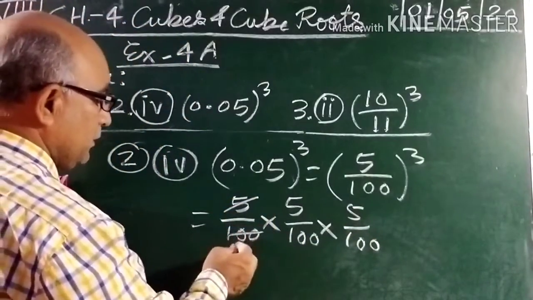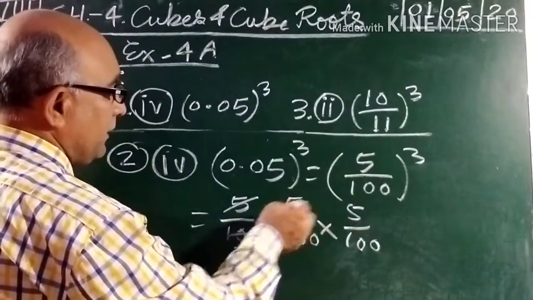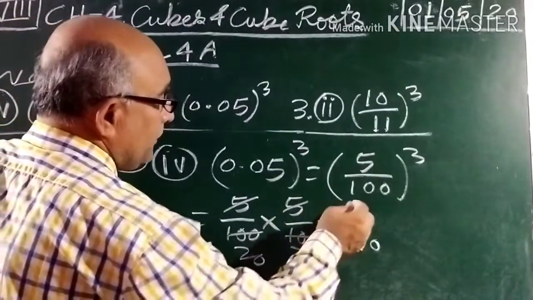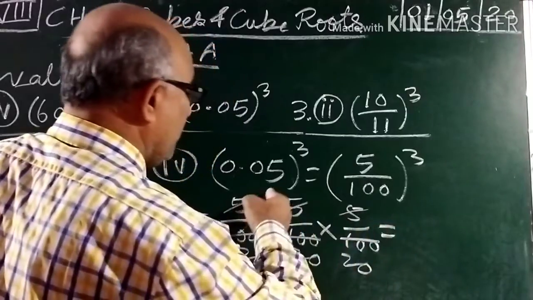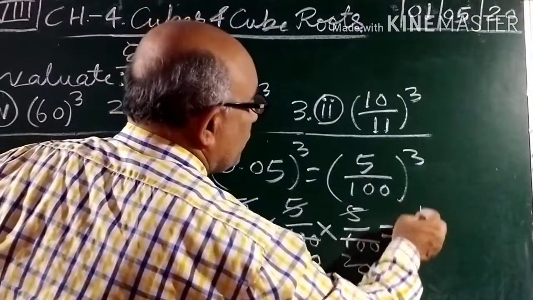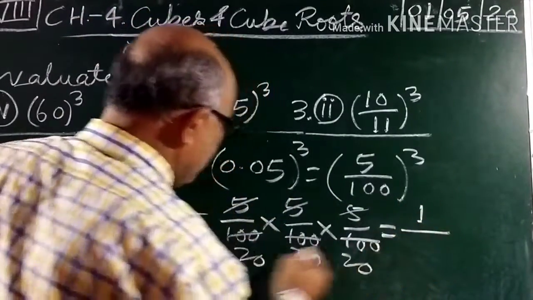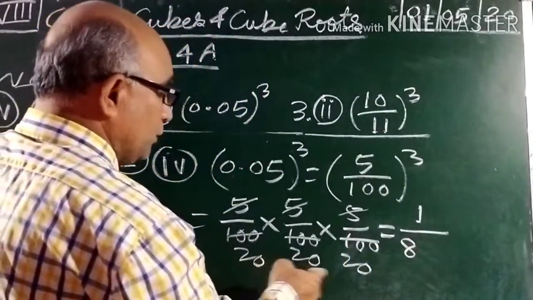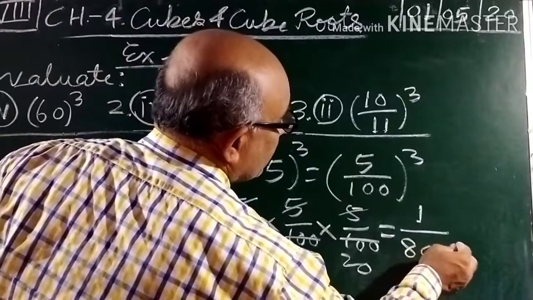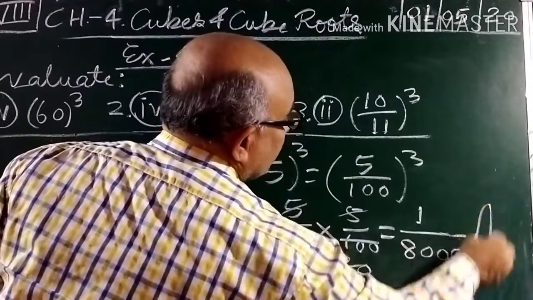Cancel it. 5 by 100 becomes 1 by 20, then 1 by 20 again and again. So 1 into 1 into 1 in the numerator, and 20 into 20 into 20 in the denominator is 8,000. 1 by 8,000 is the answer.